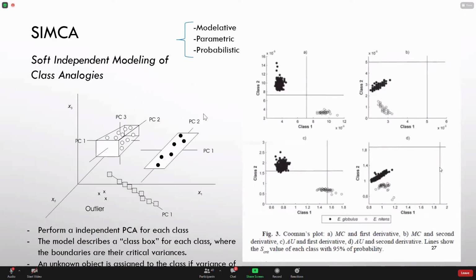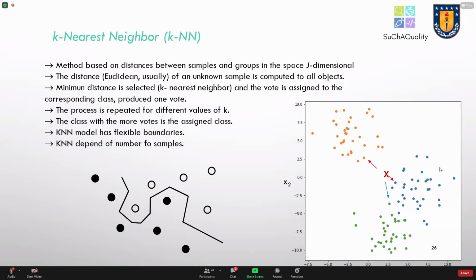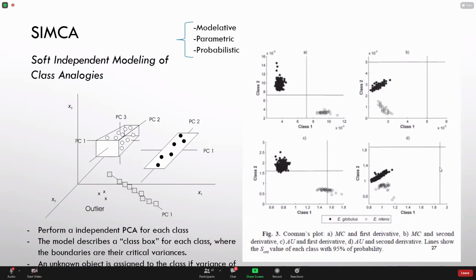So this is another method, SIMCA. SIMCA is a supervised method based on PCA. So KNN is a method based on the analysis of dendrograms because it measures distance. So SIMCA is a supervised method based on PCA. Okay. How does SIMCA work?